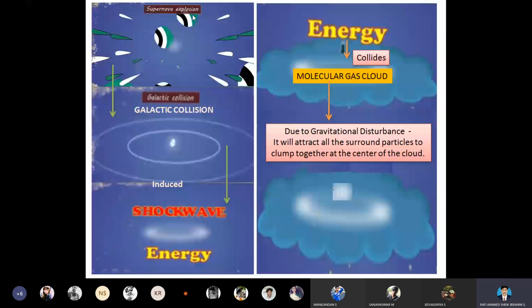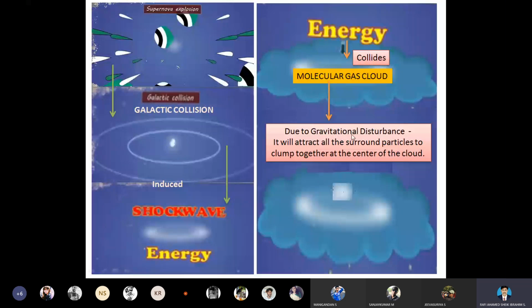This collision produces a huge amount of energy. It is called a galactic collision. This galactic collision induces a shock wave, a huge amount of energy, which in turn collides with the gas molecules, that is, the gas cloud.